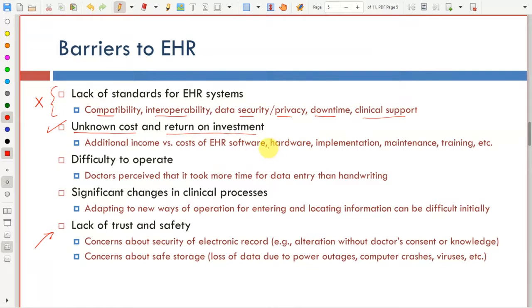Now I don't think anybody in their right mind would think about having a file cabinet or hard copy storage for patient files rather than EHR. All the new hospitals now adopt EHR. If you think about the changes in the last 20 years, maybe 20 years ago most radiological examinations were given as films.